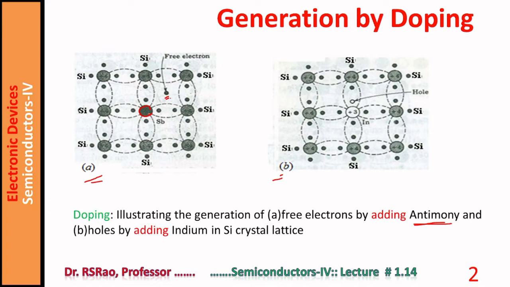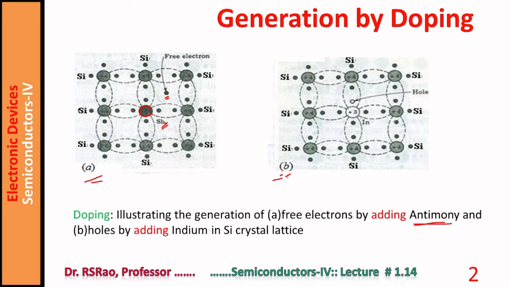That energy is anyway available in the surroundings. Surroundings carry energy in the form of heat. That energy is sufficient. So one antimony atom, we can see, is creating one free electron. If we add more and more antimony atoms, impurities, more and more free electrons come into being. So free electron concentration goes up.